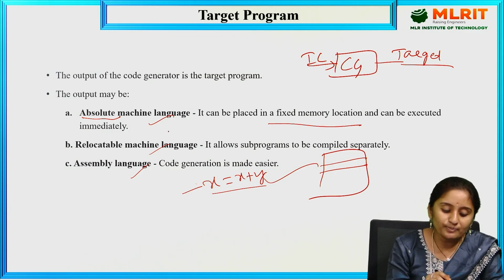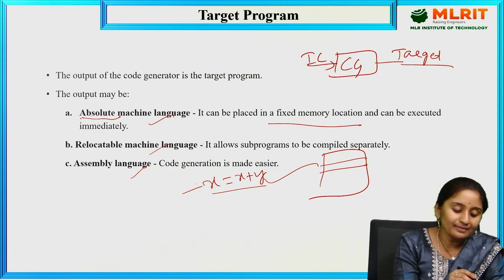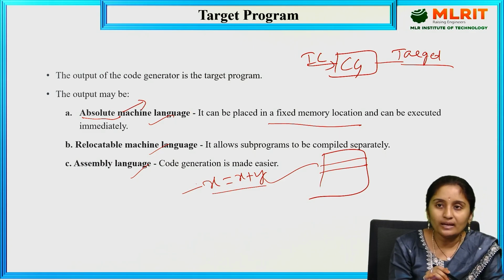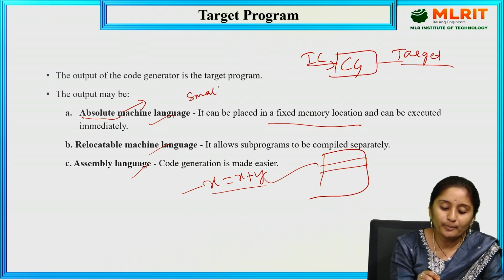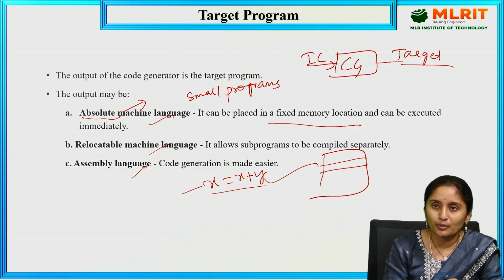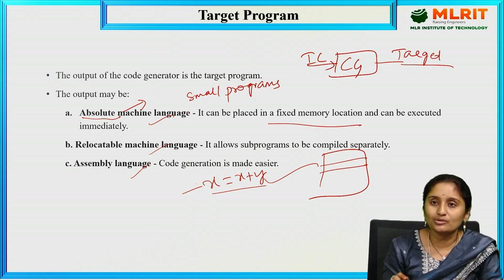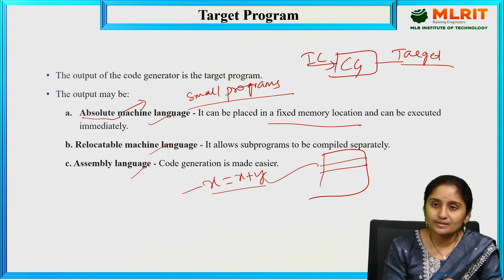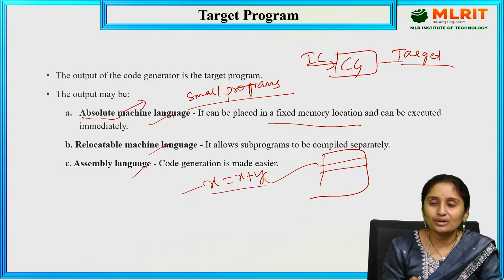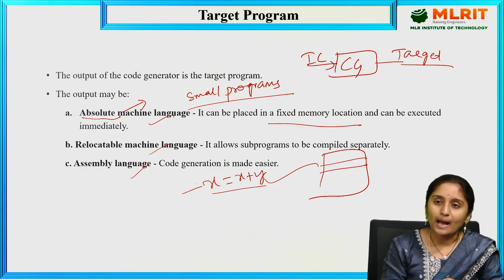Here in this absolute machine language, we use fixed memory allocations, and absolute machine language is used only for small programs. It will not be used for large programs, because we cannot fix all of those in memory. It is used only for small programs, and there is no linking or loading. That is absolute machine language.